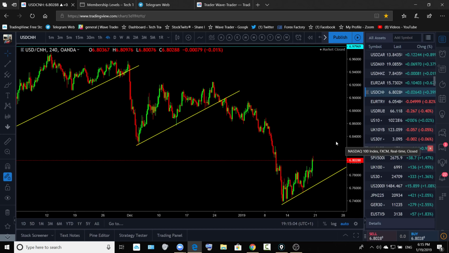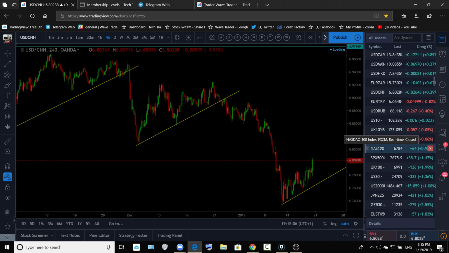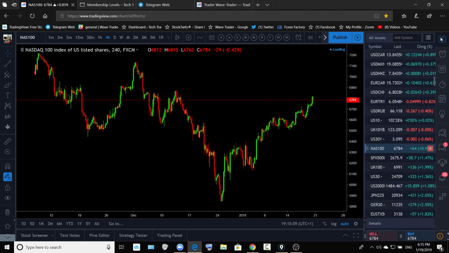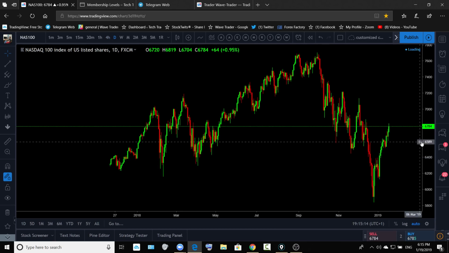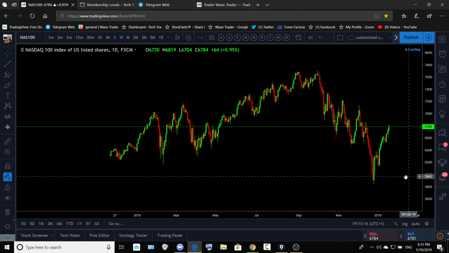All right, so Nasdaq 100 index is just pushing up, and I hope you guys are bullish on the US equities.